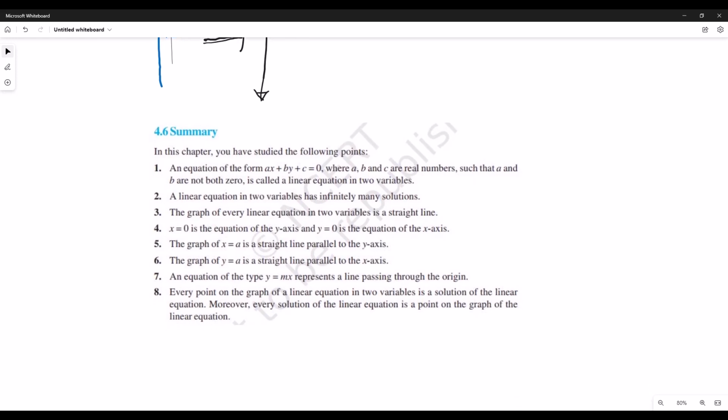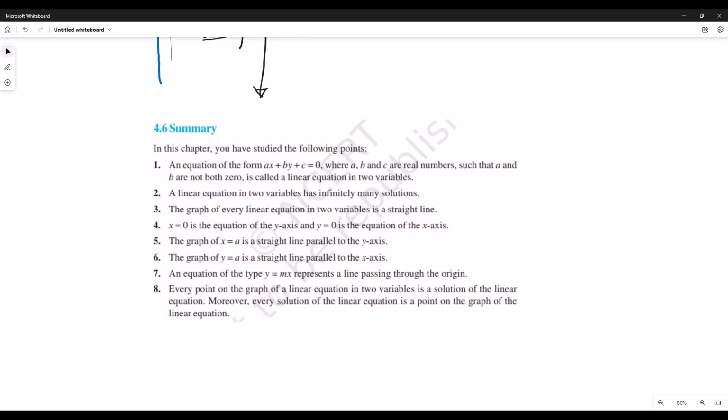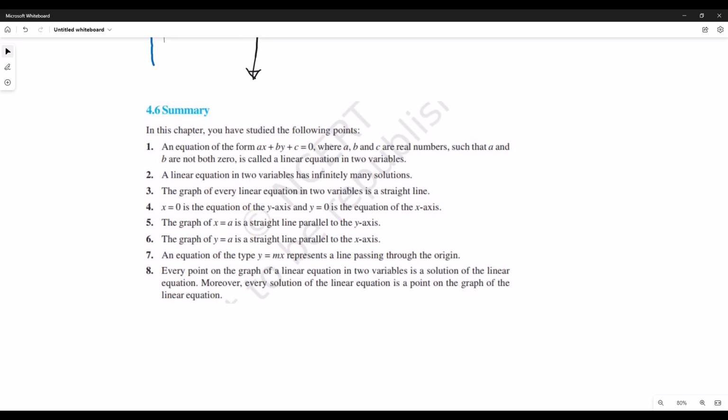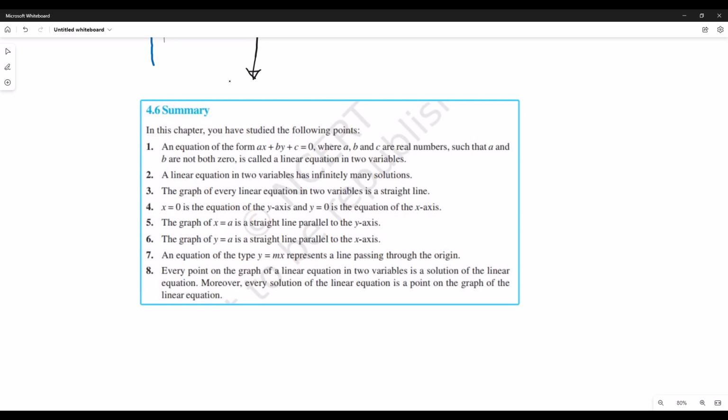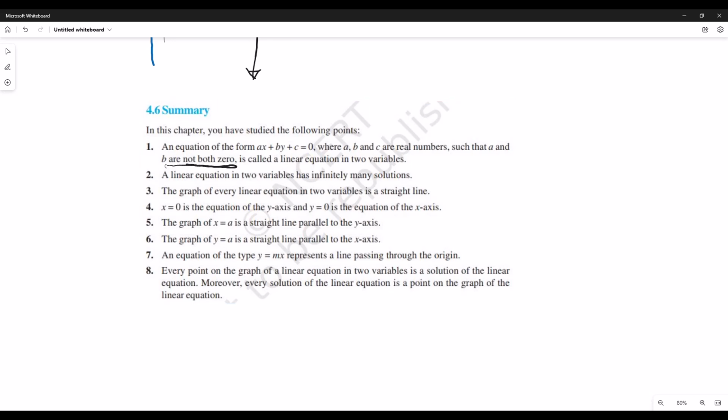So this is the summary of the chapter. In this chapter you have studied the following points. An equation of the form ax plus by plus c equals 0, where a, b, c are real numbers such that a and b are not both 0. This is important, not both 0. One of them can be 0, but both of them should not be 0.